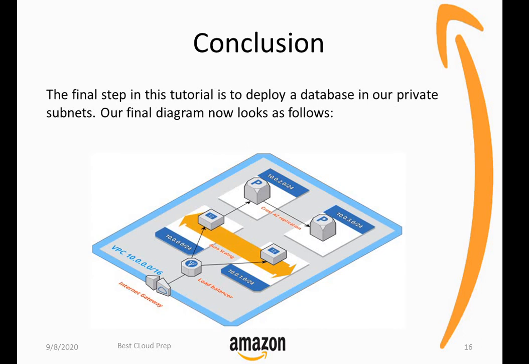Now in conclusion, the final step in this tutorial is to deploy a database in our private subnet. Our final diagram now looks as follows. I hope this gives you a better picture of a practical example of how an architecture is designed using the AWS platform.